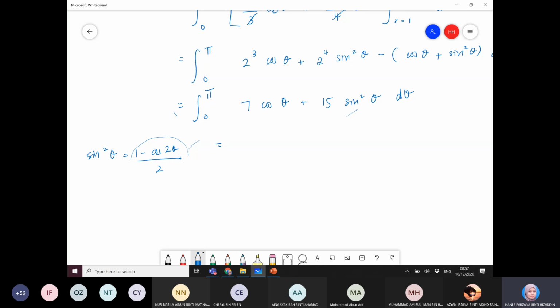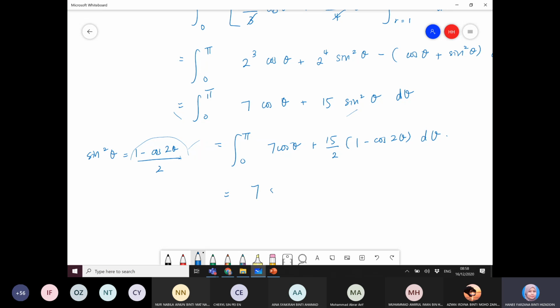Yes, continue. 0 to pi, 7 cos theta plus 15 over 2 times 1 minus cos 2 theta d theta. Then you integrate with respect to theta and you put the limit.